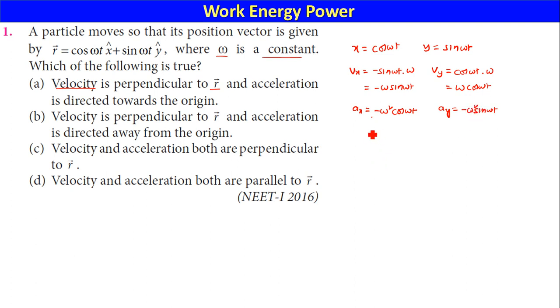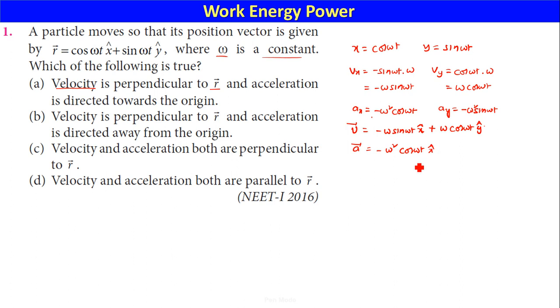Now if you write the velocity vector, it is minus ω sin ωt x̂ plus ω cos ωt ŷ. What about the a vector? That is minus ω² cos ωt x̂, and this also has one minus.